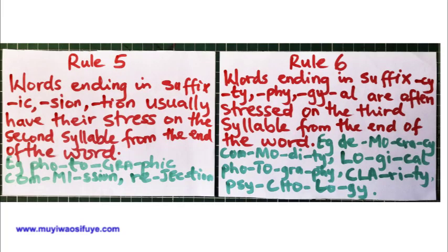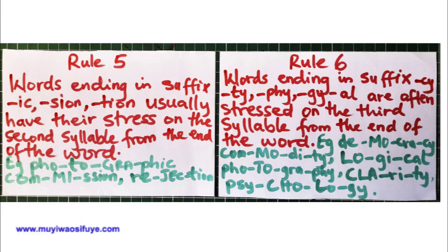For Rule 5, we have words ending in suffix ic, suffix sion, suffix tion.